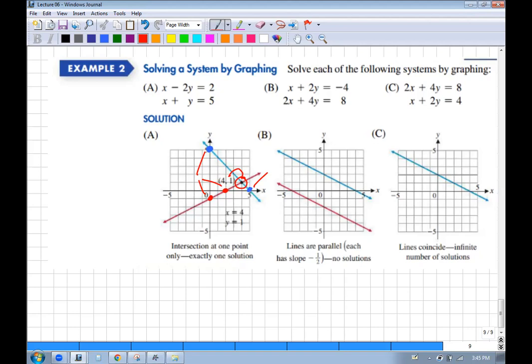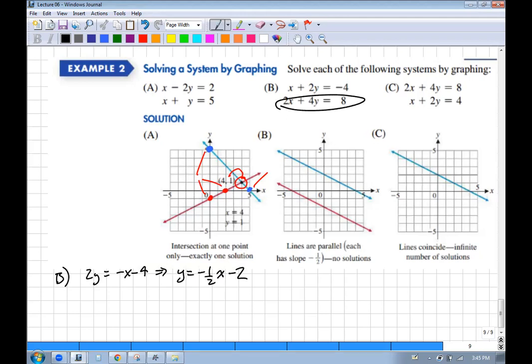Okay. These guys here, if you graph them, they happen to be parallel. So there is no solution to this one. Let me show you why. So part B, let's put these both in slope intercept form. If I subtracted x from both sides and then divided both sides by 2, I have that.